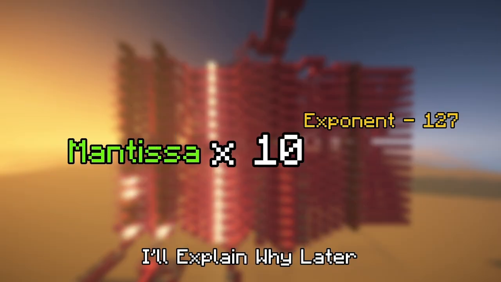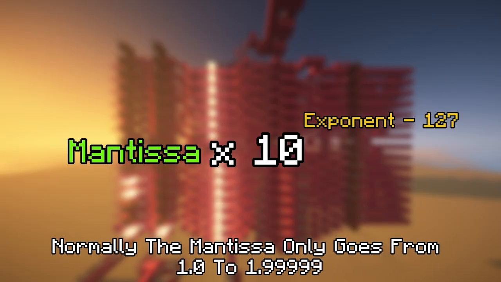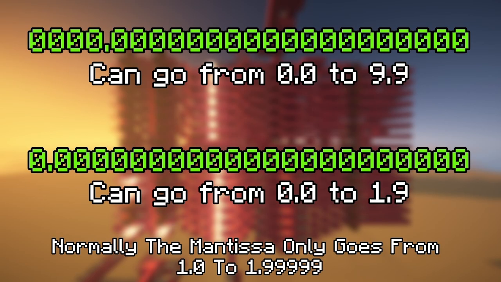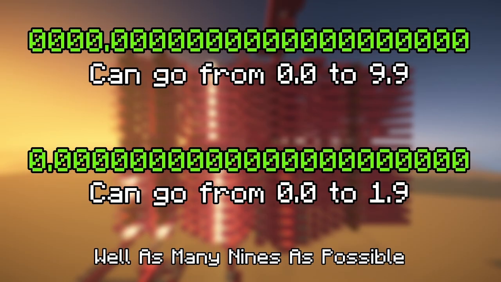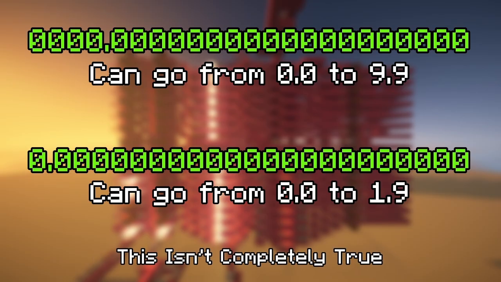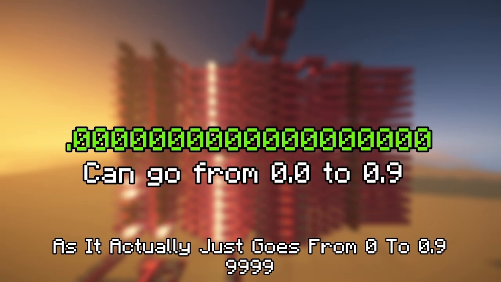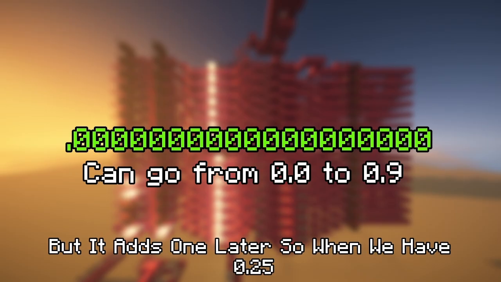I'll explain why later. Normally, the mantissa only goes from 1.0 to 1.99999. Well, as many 9s as possible. This isn't completely true, as it actually just goes from 0 to 0.99999. But it adds 1 later.